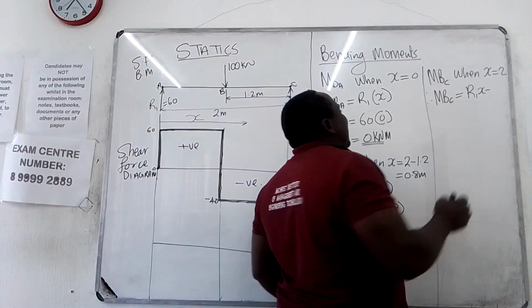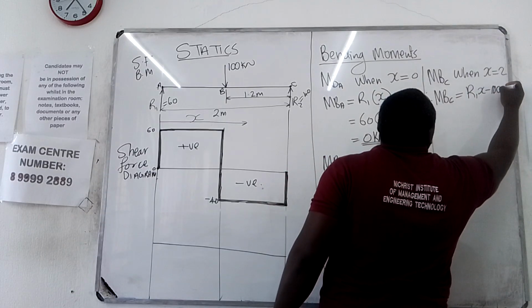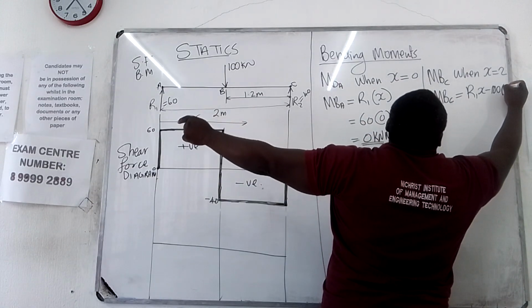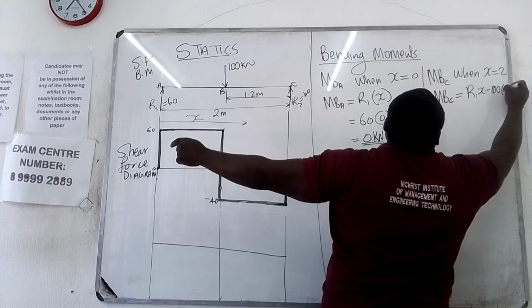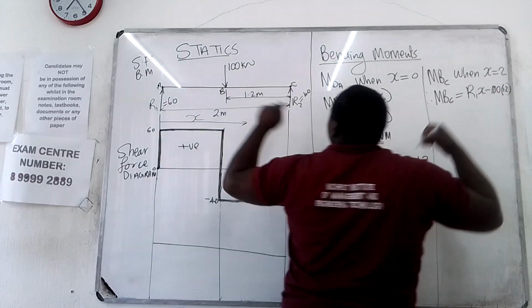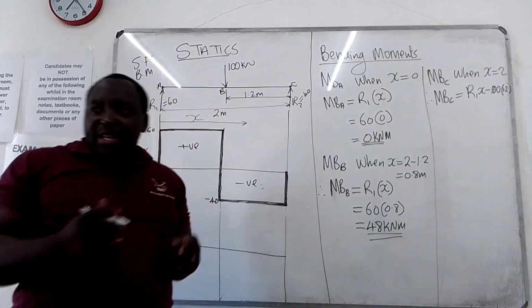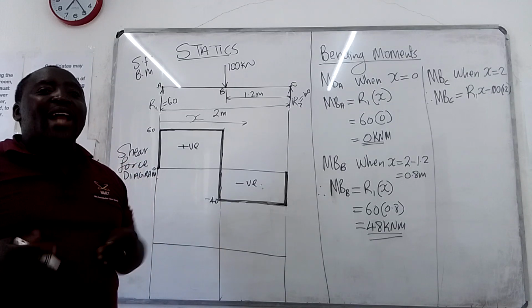Minus 100 times 1.2. 100 from C is 1.2. So we are taking moment about what? C.